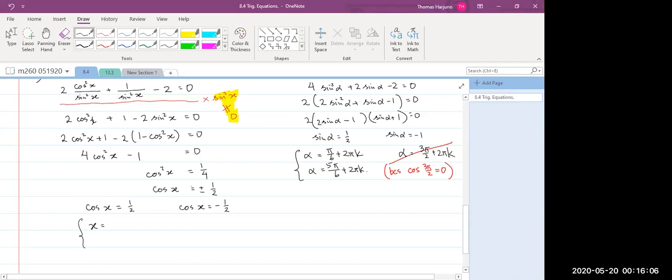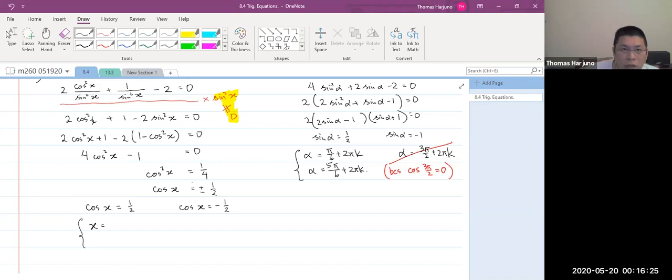I had a question. What if I decided to change that 2 cosine squared x and the -2 sine squared x into -4 cosine 2x?